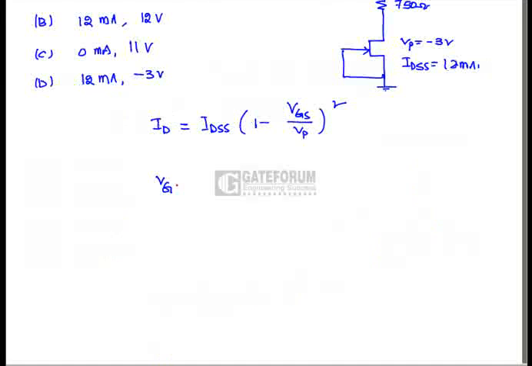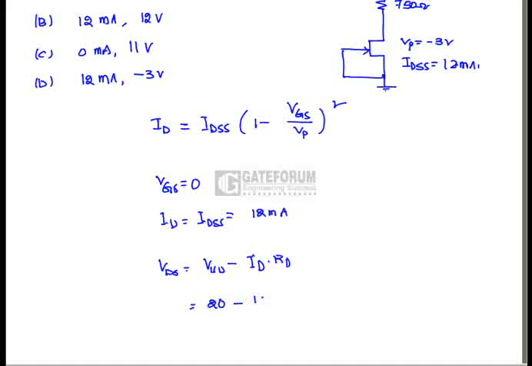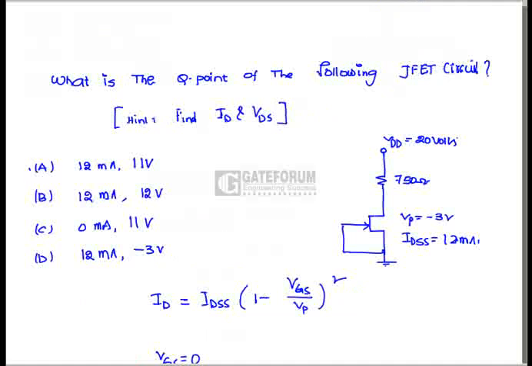Here VGS equals 0, so ID equals IDSS, which is 12 milliamps. Now the drain to source voltage equals VDD minus ID into RD. If we substitute the given values, 20 minus 12 milliamps into 0.75 into 10 power 3, then we will get 11 volts for VDS. Option A is true.